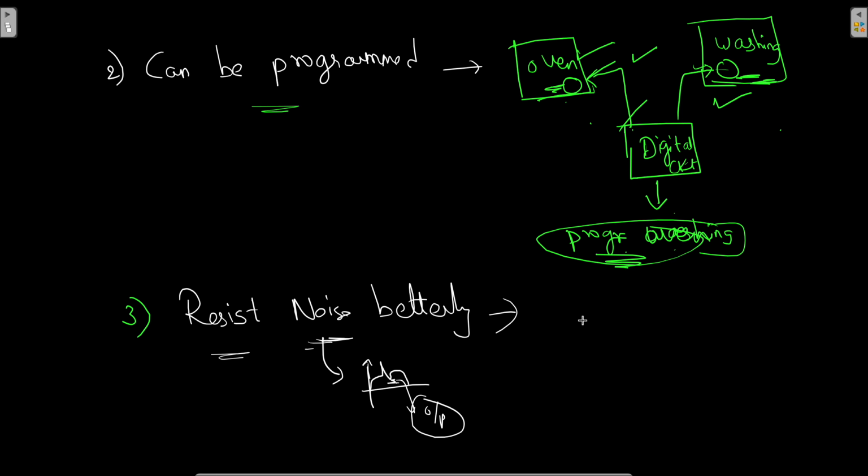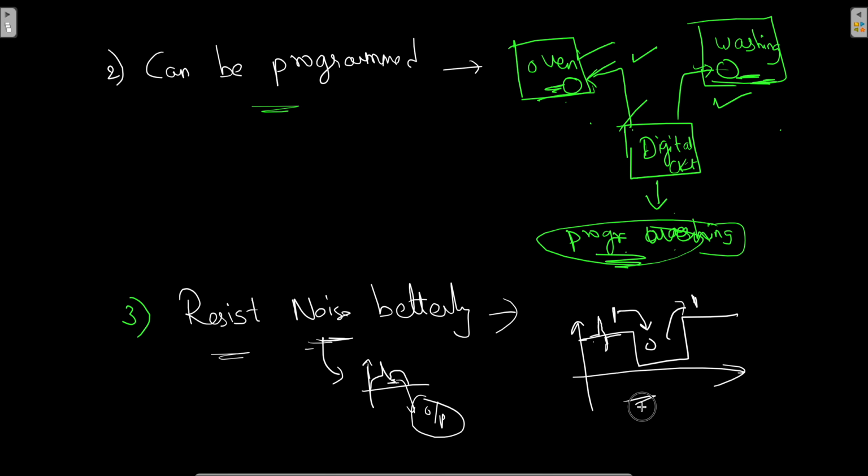How it is happening is that now it is the 1 0. In this waveform, suddenly a small amount of noise is happening. Due to this small amount of voltage noise, it will try to flip this 1 to 0 or vice versa from 0 to 1.